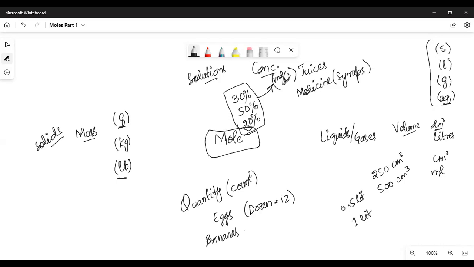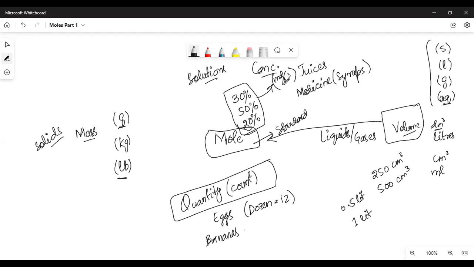So we actually needed a middle standard unit to which we could convert everything. So what we do is we convert this volume into the standard. We can convert this counting into the standard. We can convert this mass into the standard. And we can convert this concentration into the standard.